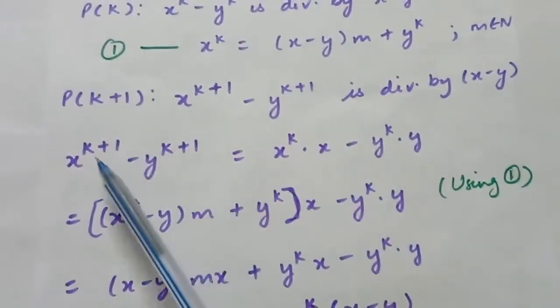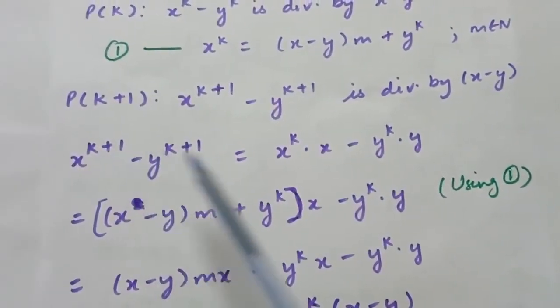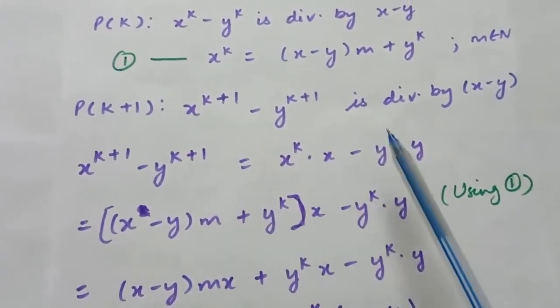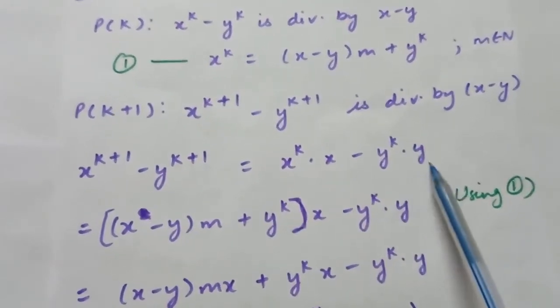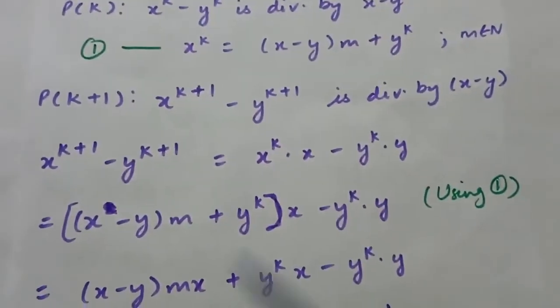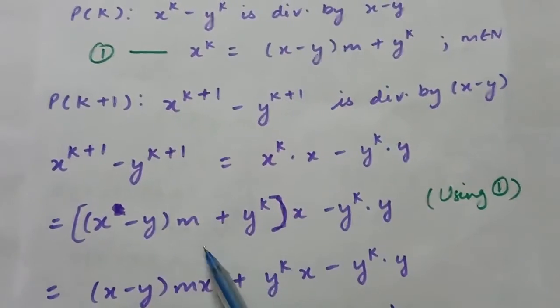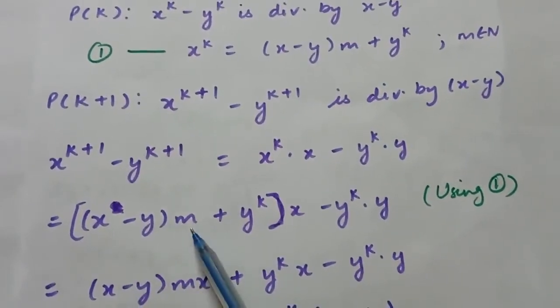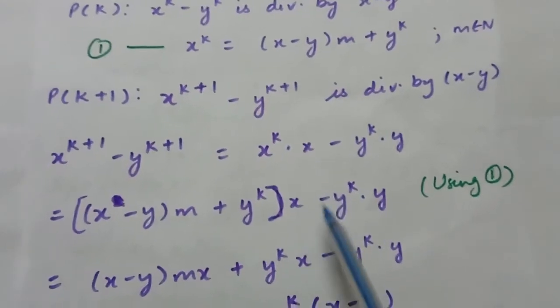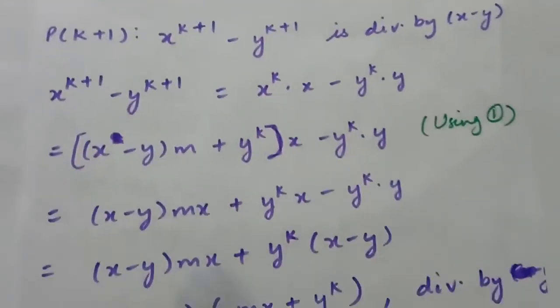So breaking it like that only. So x raised to the power k into x minus, writing this as y raised to the power k into y. In place of this x raised to the power k, using 1, write down this value, x minus y into m plus y raised to the power k into x minus y, as it is.